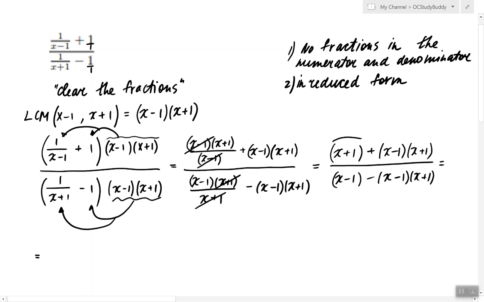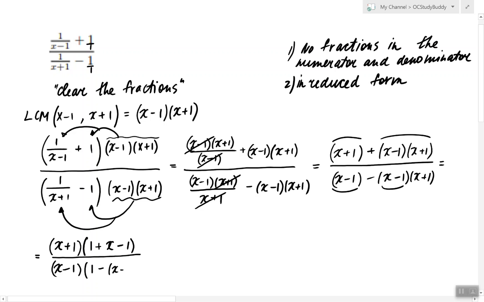If you just look at these two terms, they both have x plus 1. So let's try and factor this, see what happens. If you factor x plus 1, what's left is 1 plus x minus 1. In the denominator we can factor out x minus 1. So you factor out x minus 1, what's left is 1 minus x plus 1.